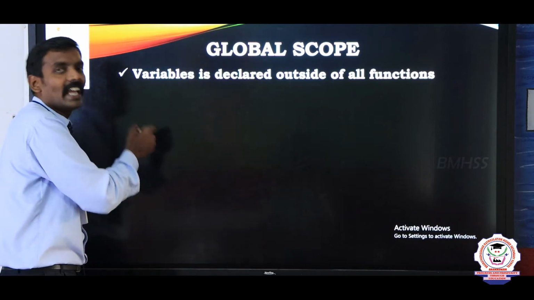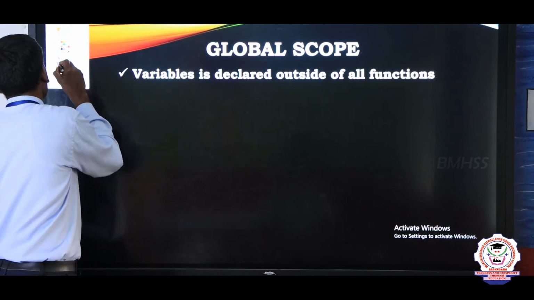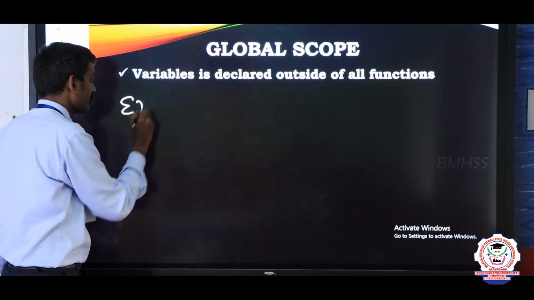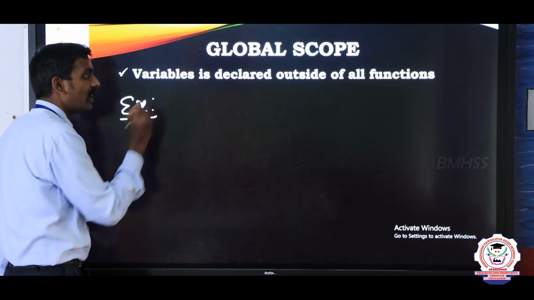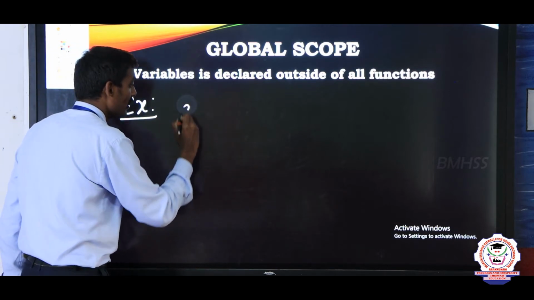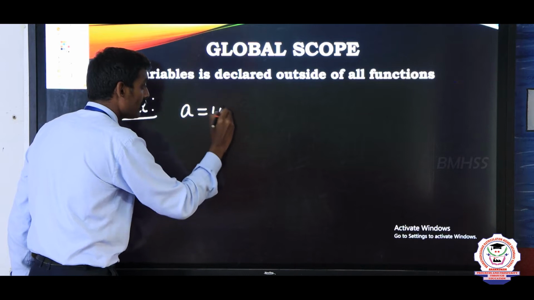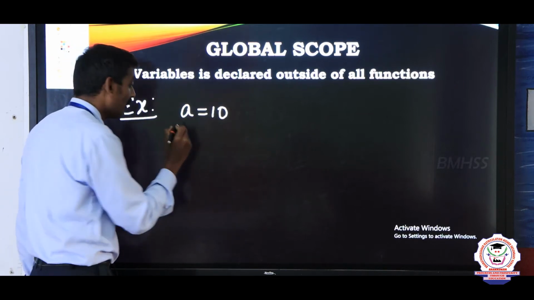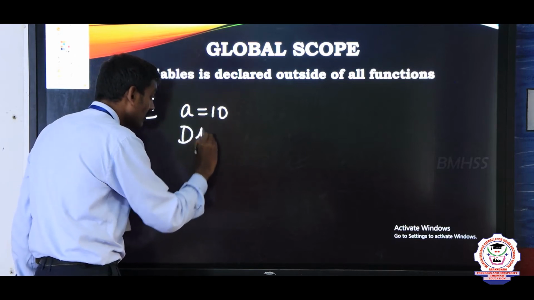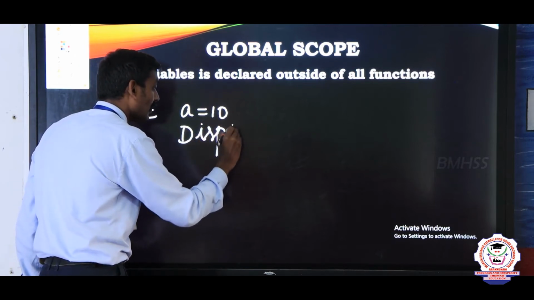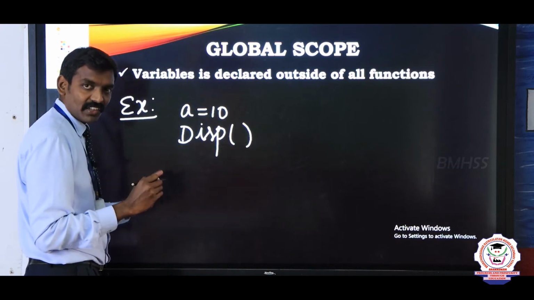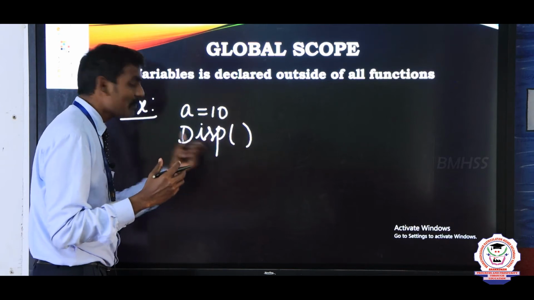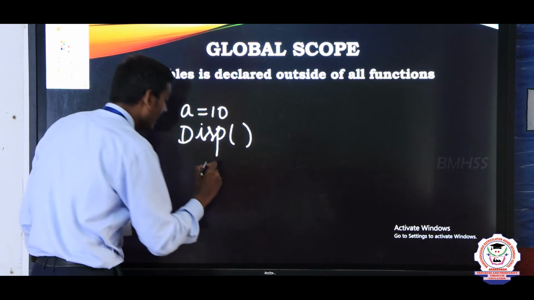Let us consider the example. a equal to 10. Here a is a variable and 10 is a value. Next one, DISP. DISP is a function. What is the usage of function? We can perform any task in that particular function.